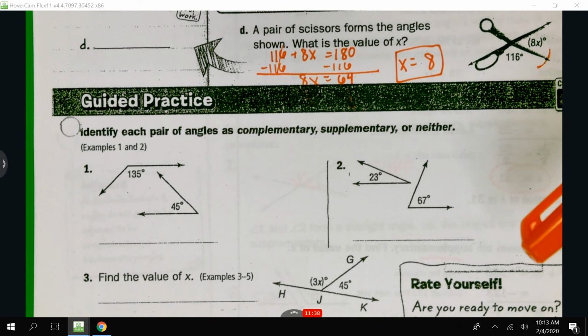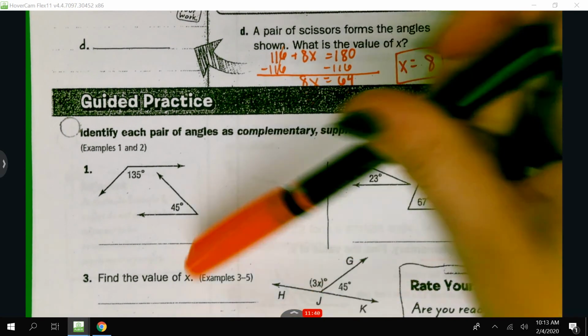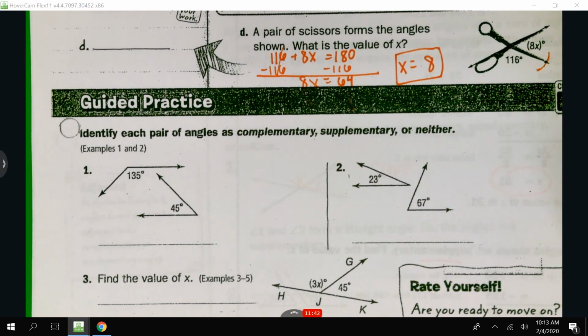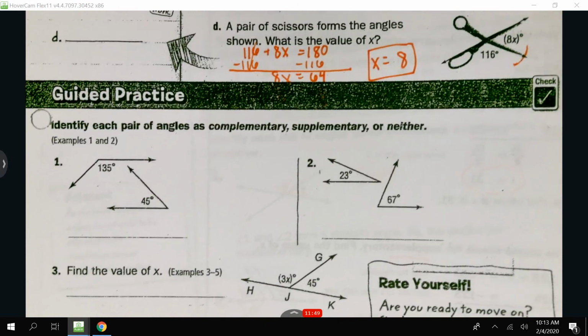Okay, I want you to do 1, 2, and 3 by yourself right now. For 1 and 2, you're just telling me if they're supplementary, complementary, or neither. And then you're finding x for number 3. So everybody should be doing that right now on your own. Bless you.